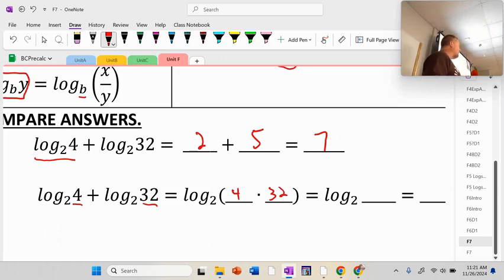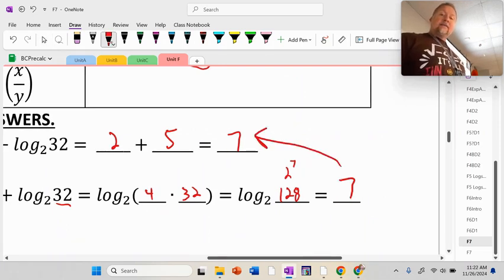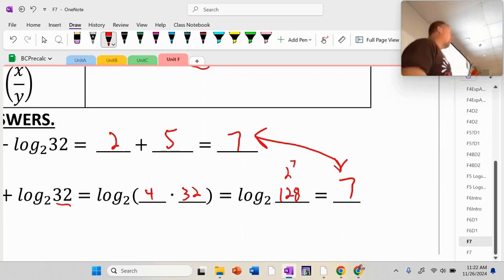Isn't that 128? Yes, right? And what's log base 2 of 128, when 128 is 2 to the 7th? 7. See? So I did them both ways. I did it with the new rule, and the new rule came up with the right answer, because I know what the right answer is from up above.